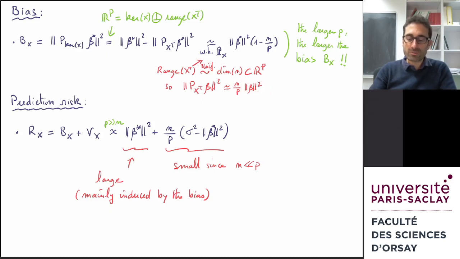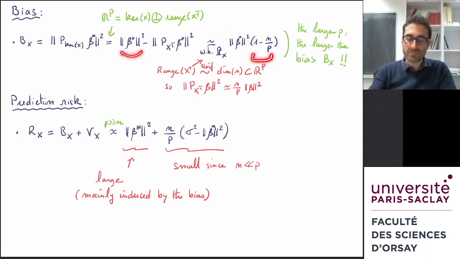So if you look at the square norm of the projection of beta on the range of x transpose, when p is large, this will behave like n over p times the square norm of beta. So you will only get a small fraction, the fraction n over p, of the norm of your input. So with large probability with respect to the design, you will have something like the square norm times 1 minus n over p.